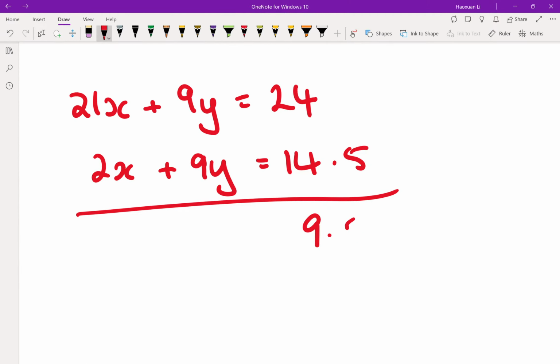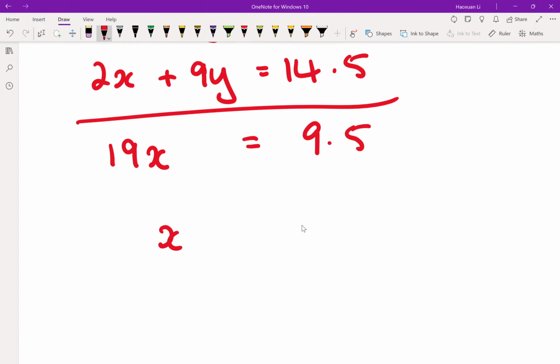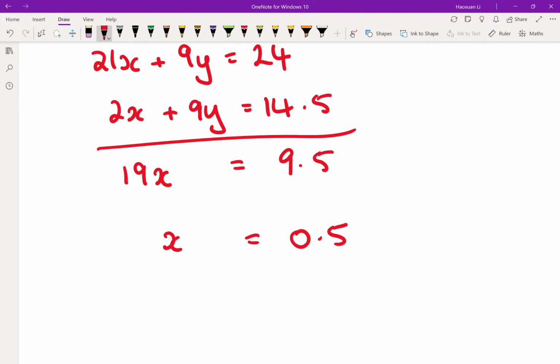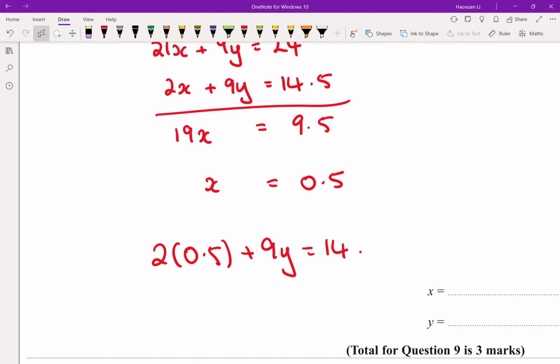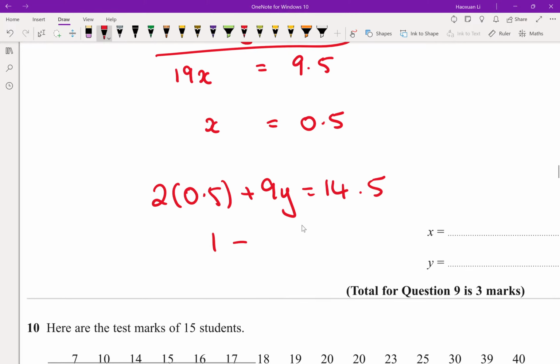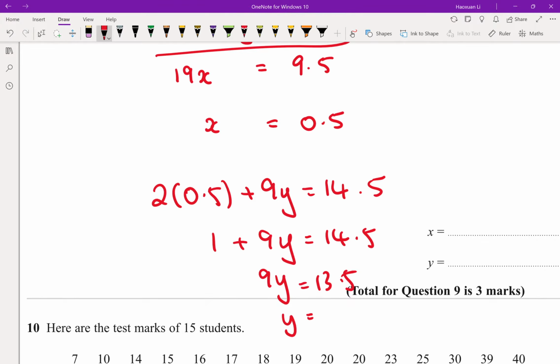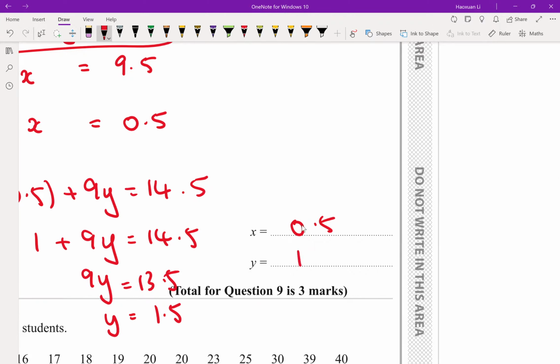Therefore this will be 9.5 and 19x. So x has to be 0.5. And if you then put the 0.5 in, so 1 plus 9y equals 14.5, so 9y is 13.5, and y should be equal to 1.5. So 0.5 and 1.5.